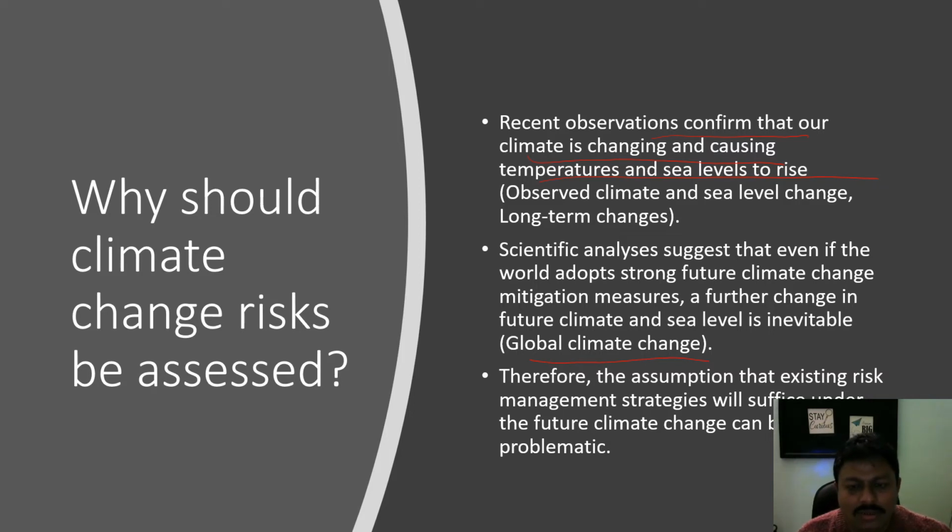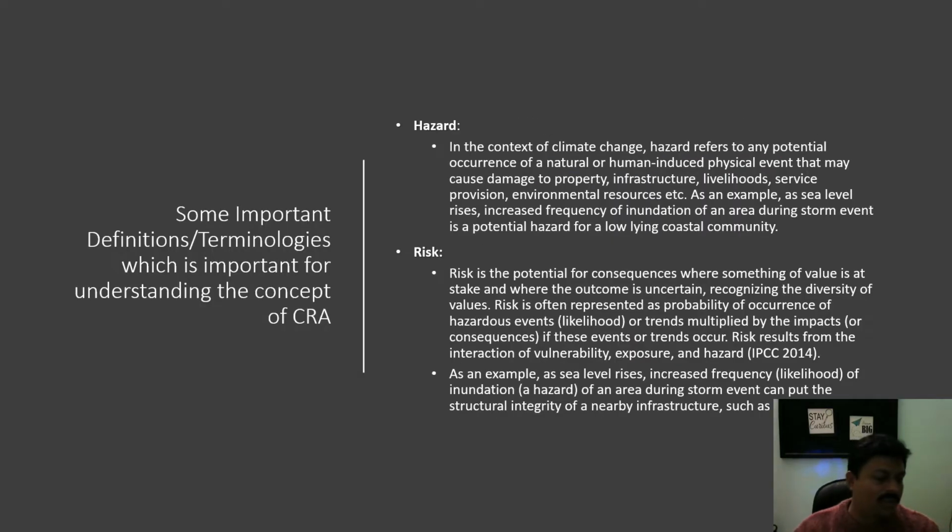This is the reason why nowadays every regulatory commission, every country's government is preparing a climate change risk assessment report, because they know that climate change and its impact is inevitable. We cannot revert back now.